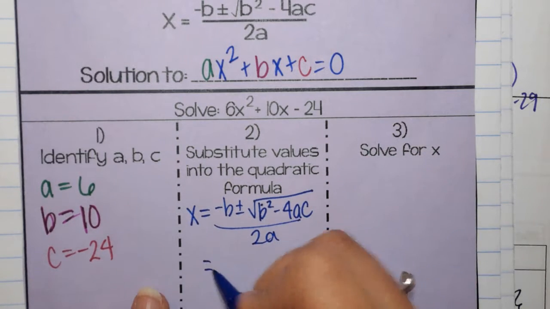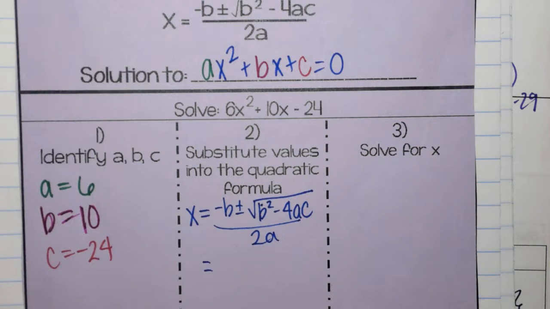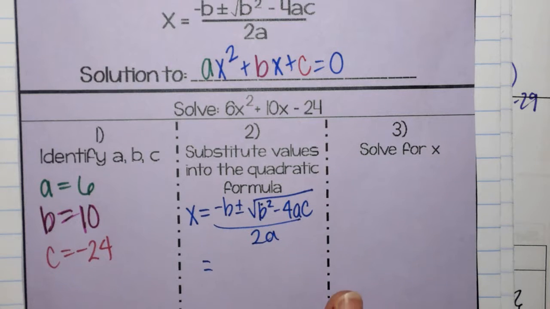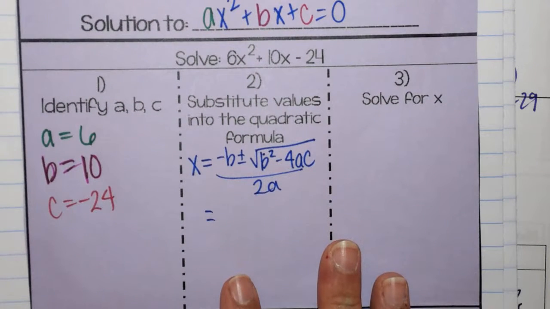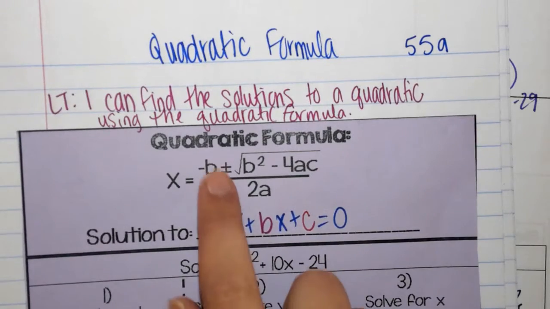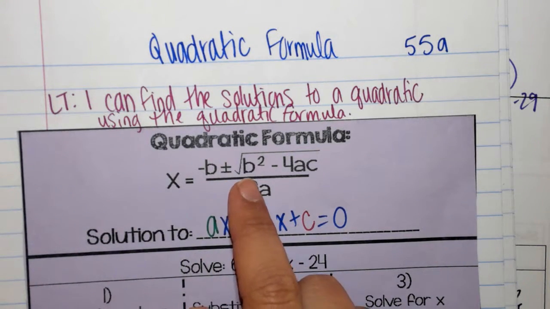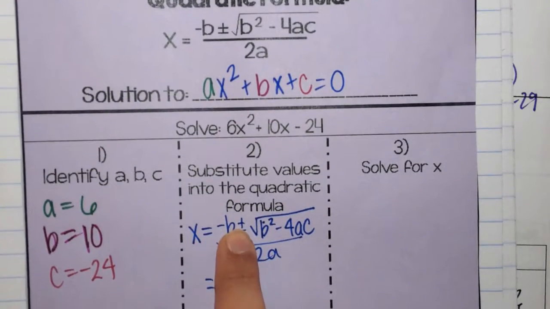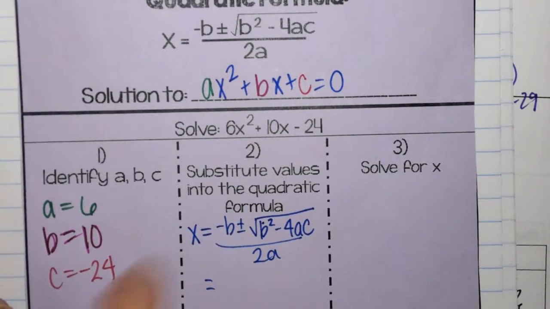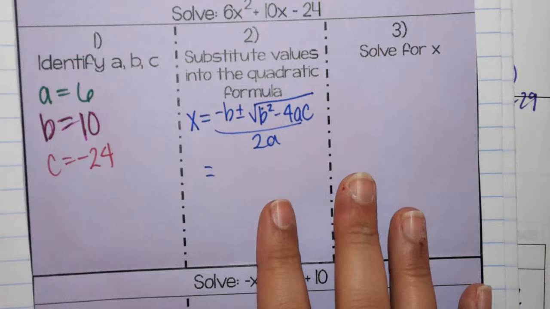You see how we've been saying plus or minus square root? You're going to add first, and then you're going to subtract. So you're going to end up with 2 answers.